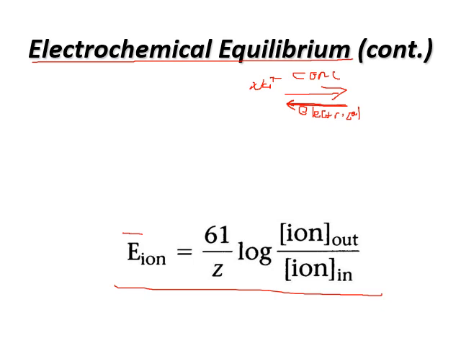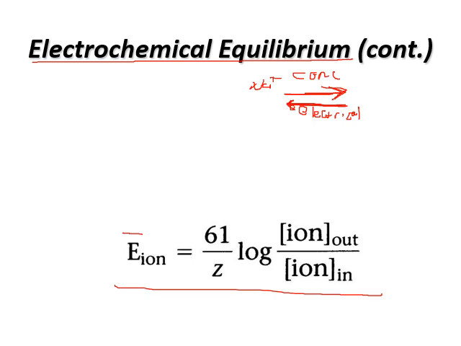So what the electrochemical equilibrium is telling you is that when the chemical force, the concentration gradient that's drawing sodium in one direction, is equal to the electrical force, sodium will stop moving in or out of the cell. There will be no net movement in or out of the cell.